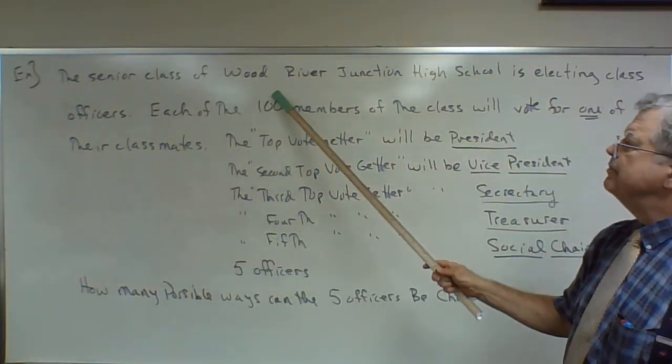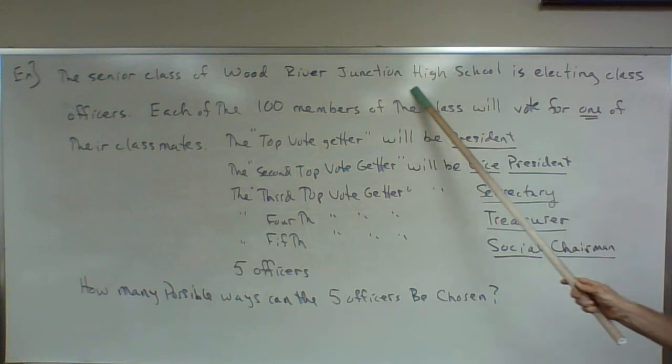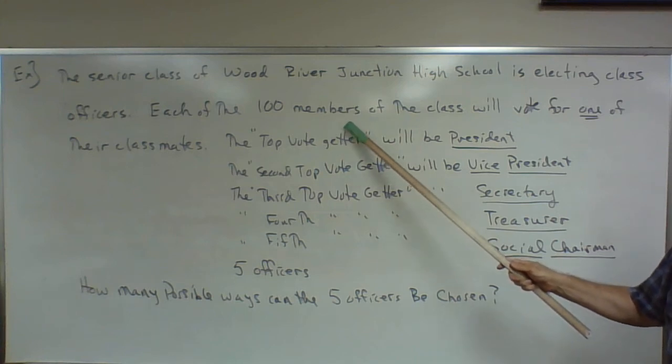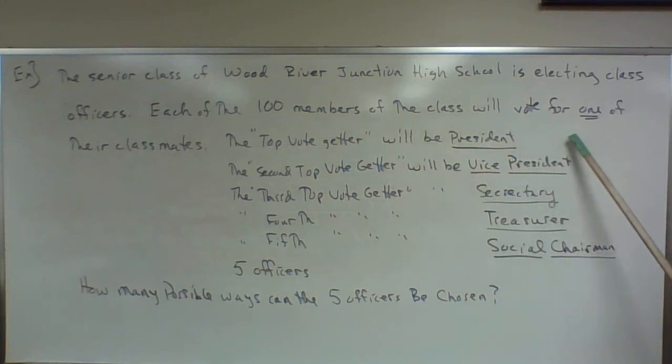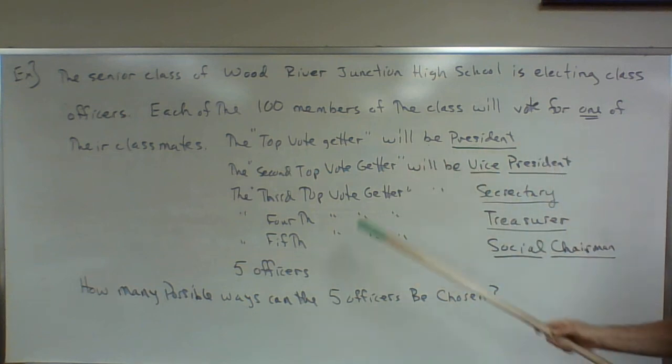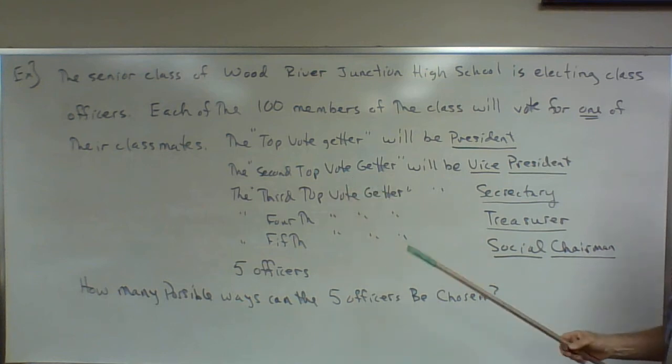Let's do this one. The senior class of Wood River Junction High School is electing class officers. Each of the 100 members of the class will vote for one of their classmates. The top vote getter will be president. The second top vote getter will be vice president.